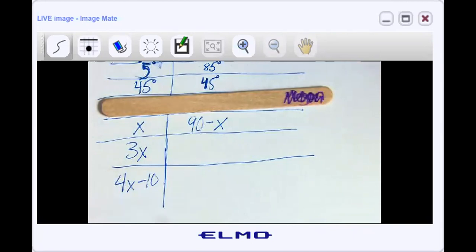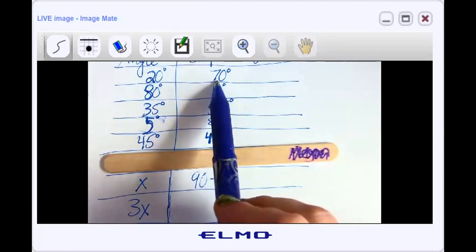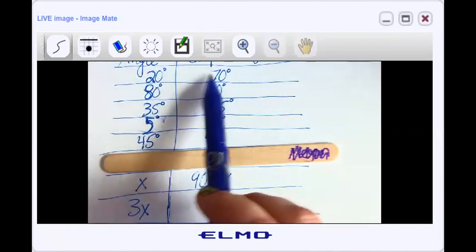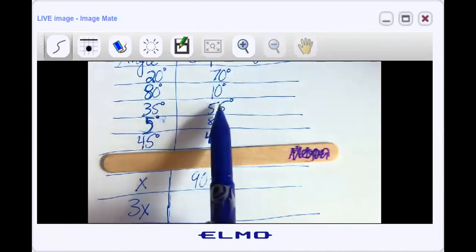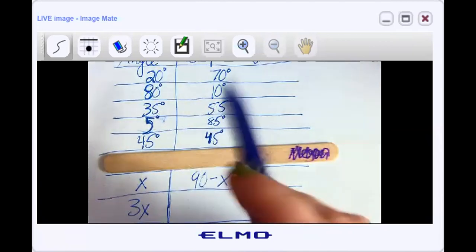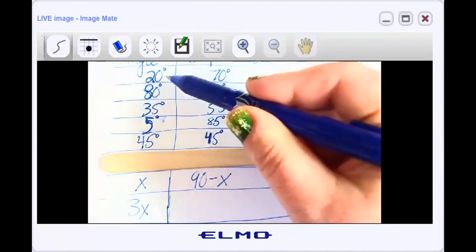Okay, so let's go back. Let's go back up to this top one. Do you understand that 70 came from, well, rewind even further. These two angles always add up to be 90, right? Yeah, I understand those ones. Okay. So in order to find this number, I'm just going to do 90 minus whatever that number is.